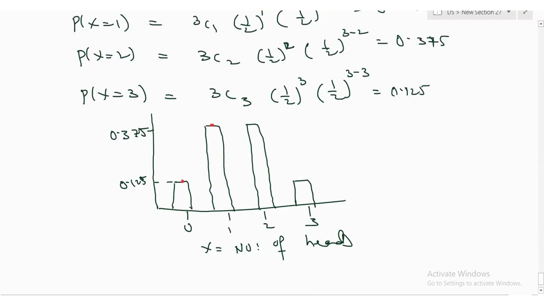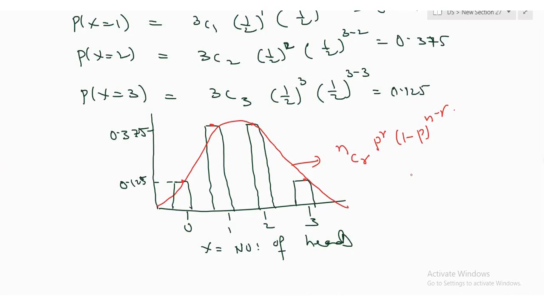Now I'm connecting these midpoints. This curve is nCr p to the power of r (1 minus p) to the power of n minus r, right? Which is satisfying all the probabilities, right? You guys are getting what I'm trying to say, friends? Any question on this, whatever I've written? Any question? Okay.